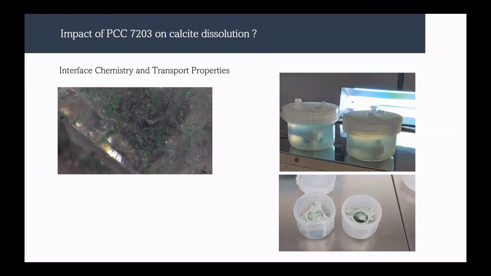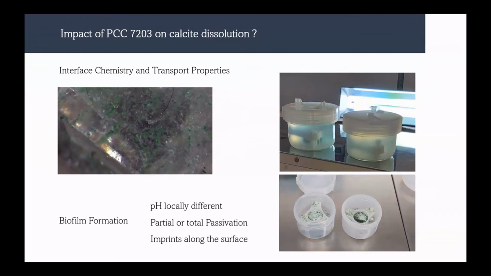Another thing that we need to consider here is that once they create a biofilm, we could have a different chemistry at the interface. We could have partial or total passivation because of their presence. And also they could leave specific imprints due to their local mechanisms.